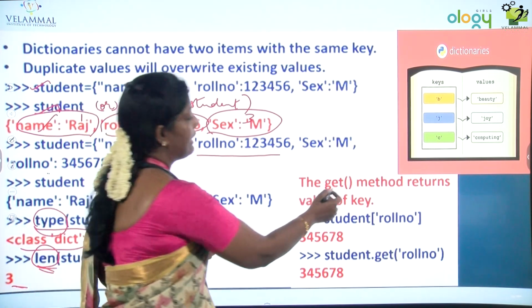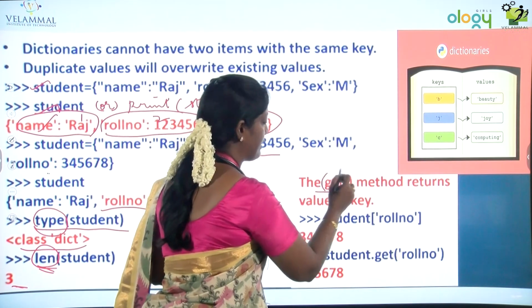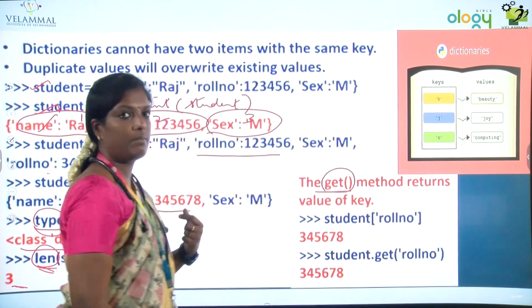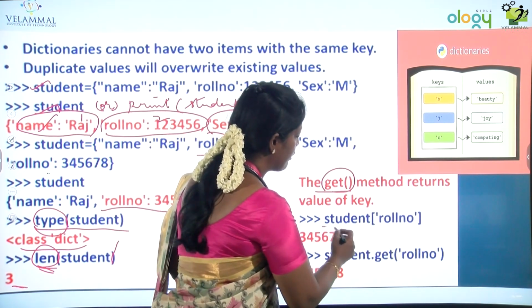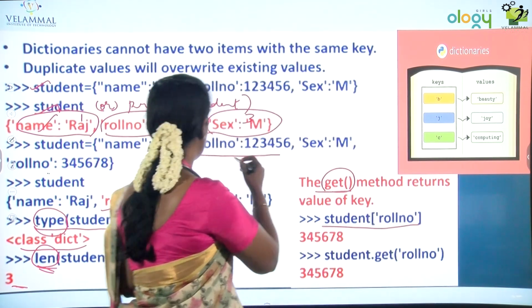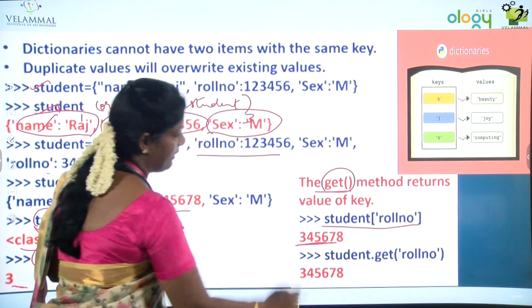Get method: key. If you want to know what the key is, then you can use the get method. This is also another built-in function for you. Right? Fine. Next, again, I'm trying to display the roll number. You know this has been updated recently. So the updated one has been displayed.